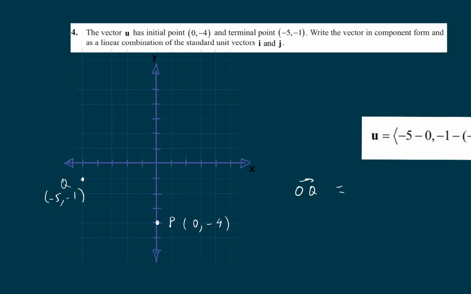And the vector that goes from P to Q is this vector. Now it says find u. We call this vector u. I can tell you that this vector is made of two vectors.